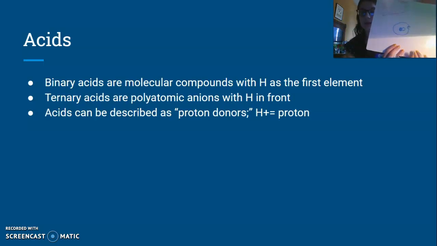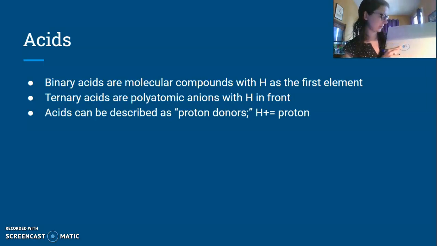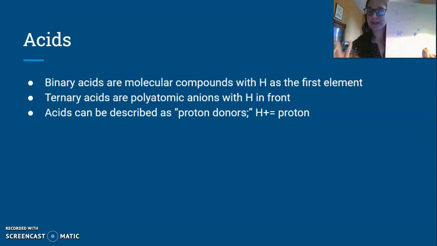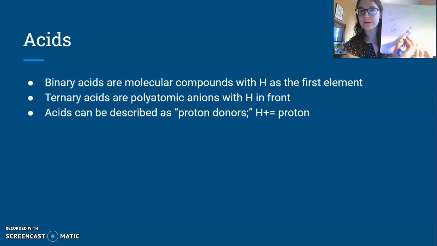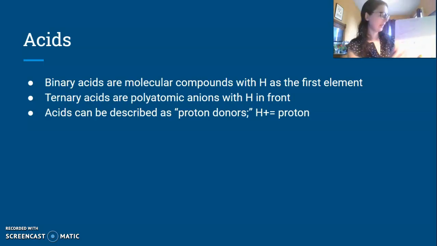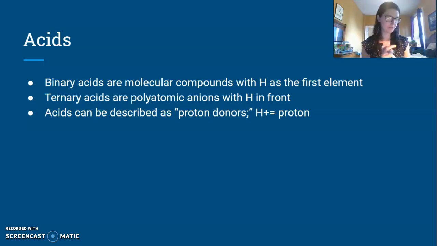But here, if we just remove the electron and the neutron, what we get is an H+ ion. So that is a proton. An H+ ion is a proton because in the atomic model, all it is is a proton. And maybe a neutron in there, depending on what isotope of hydrogen you have, but you get the idea.